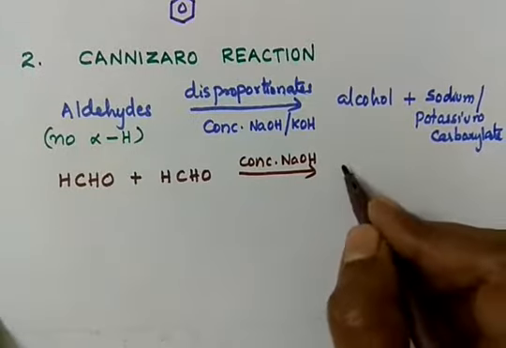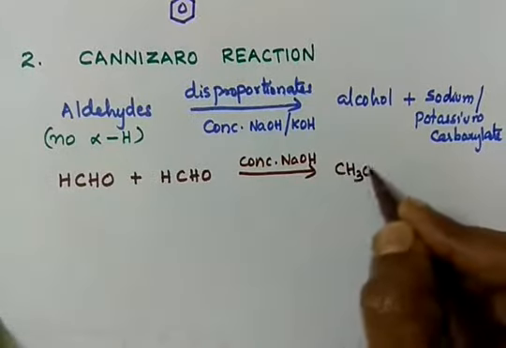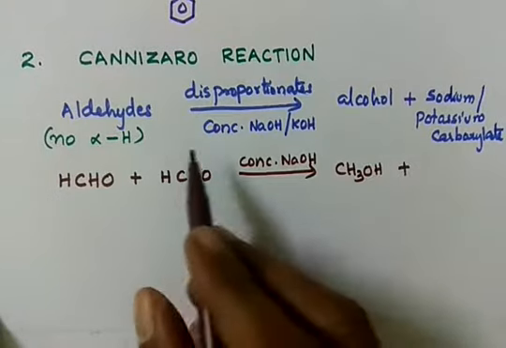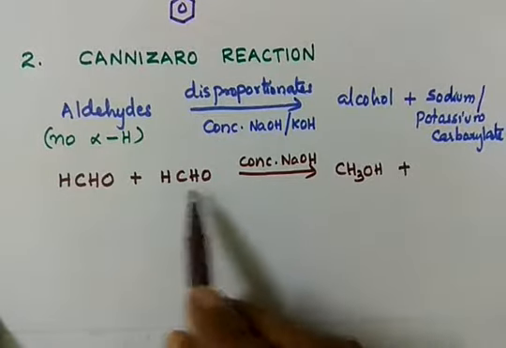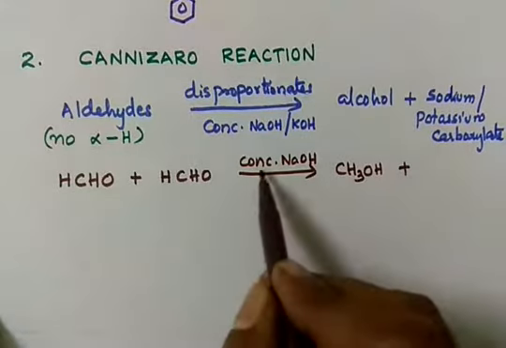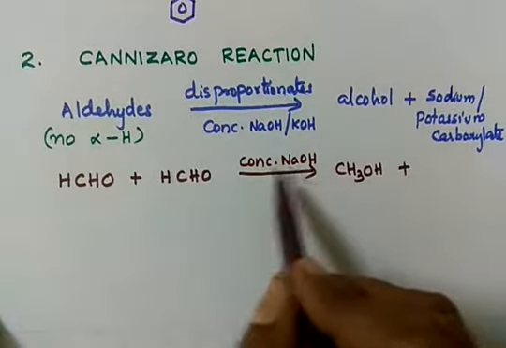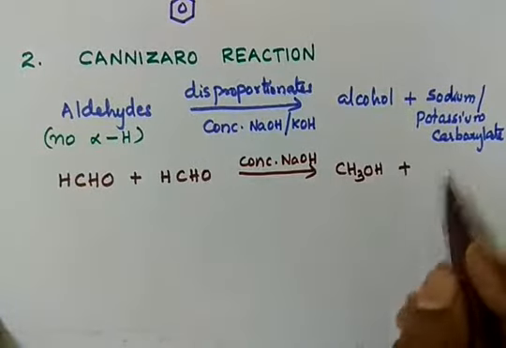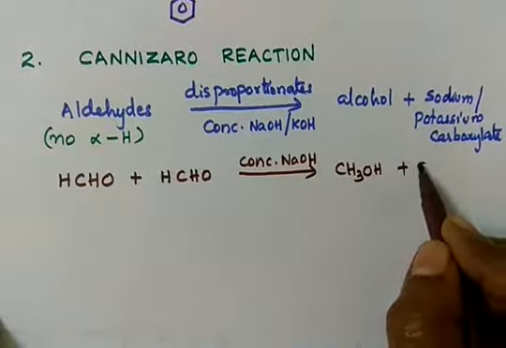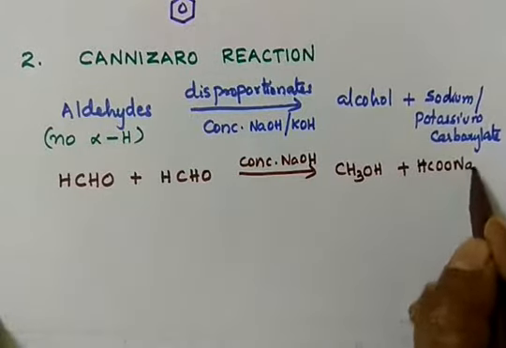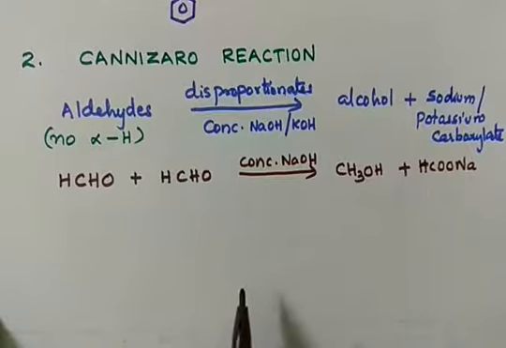Formaldehyde is reduced to methanol, CH3OH, and the other molecule undergoes oxidation. So formaldehyde is oxidized to formic acid. Here the reaction is taking place in the presence of NaOH, so sodium formate, HCOONa, is obtained. Methanol and sodium formate are obtained.